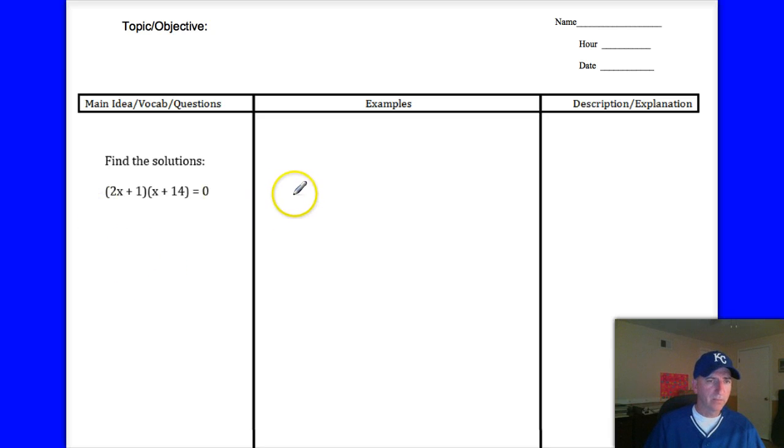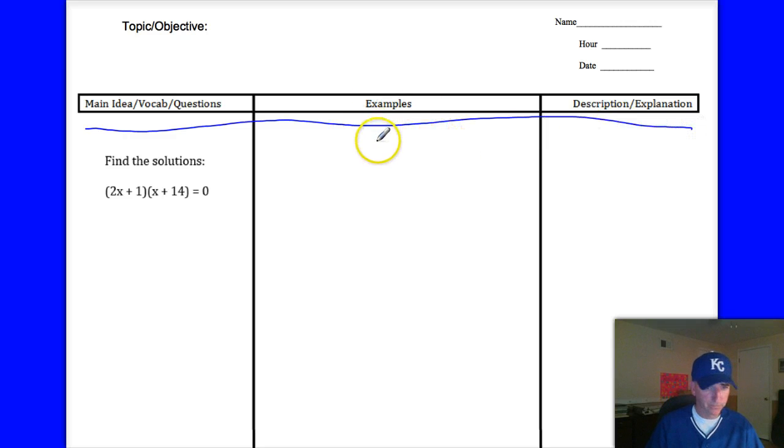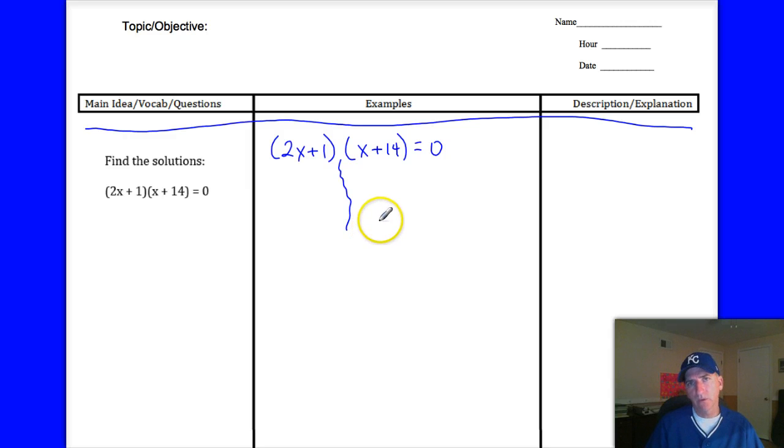Well, let's look at one more at the bottom of your page here. Let's squeeze this in here. So in the middle, if you haven't drawn a line, draw a line separating. I know you're on the same page here. 2x plus 1 times x plus 14 equals 0. Okay, so again, that's a, that's b. So one of these has to equal 0 if we're going to have a solution. So we're going to go 2x plus 1 equals 0, and we're going to solve that.